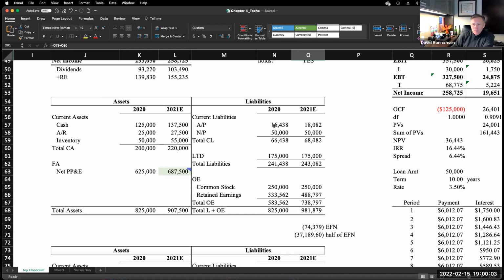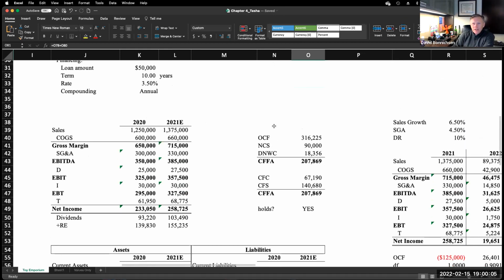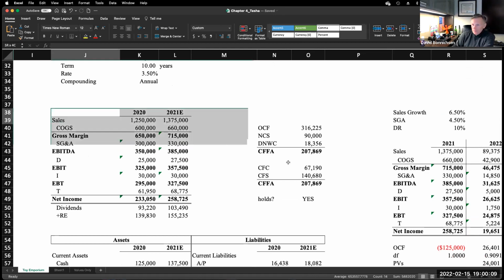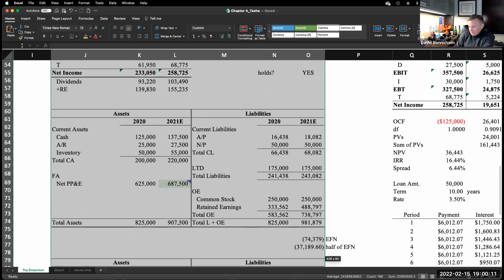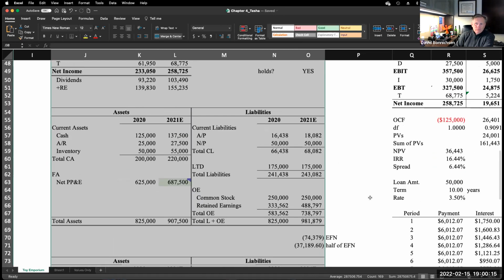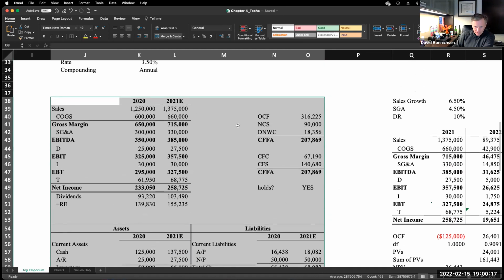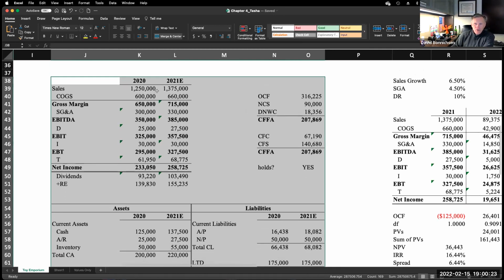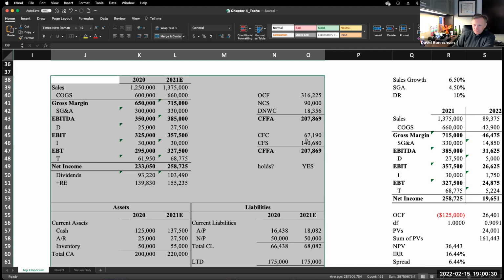Okay. So on the midterm, your submission is all of that. Your job will be to fill in everything that you see right here. Right. So day one, you're going to have to give me an income statement for 2 years. You're going to have to calculate the CFFA both ways.